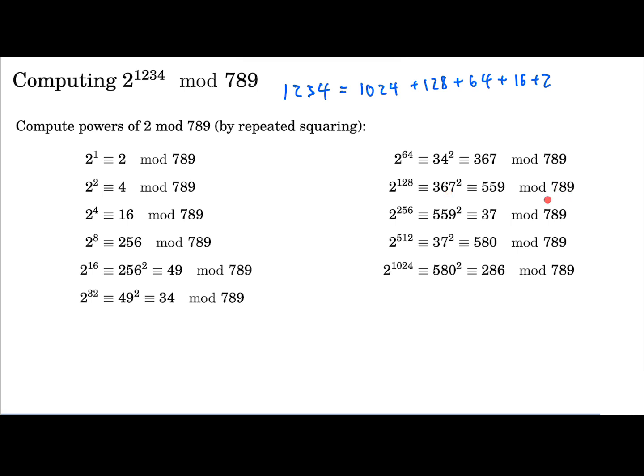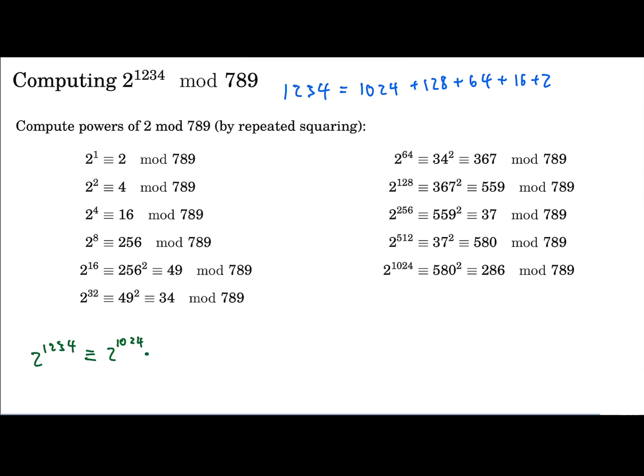Okay, now that we have all of them up to 1,024, which is the largest number appearing here, the idea is that when we do 2 to the 1,234 here, well, we can write it as 2 to the 1,024. And of course, if you sum the exponents, you just multiply.